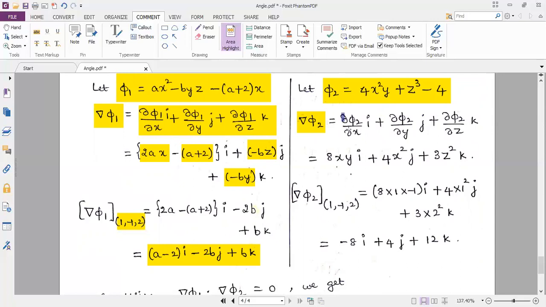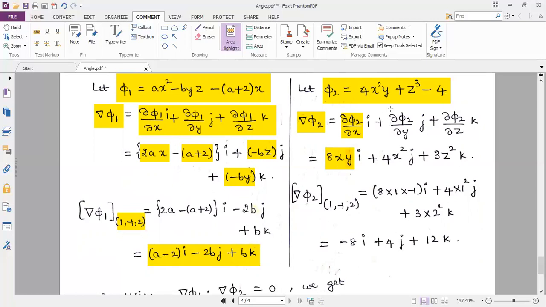With respect to x, 4y is a constant, writing 4y as it is. Differentiation of x² is 2x, so 4 into 2 fetches 8xy, into i cap. Differentiation of z³ − 4 is 0 when I differentiate partially with respect to x.